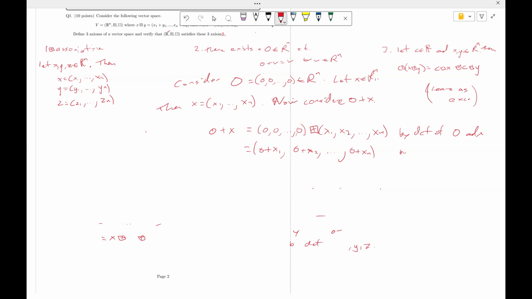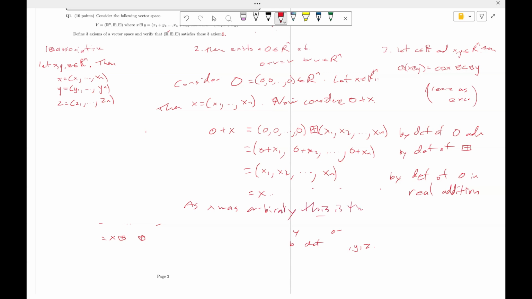Okay, and this is by definition of our addition operator, which equals X1, X2 up to Xn by definition of 0 in real addition, which equals X. As X was arbitrary, this is true for all X.